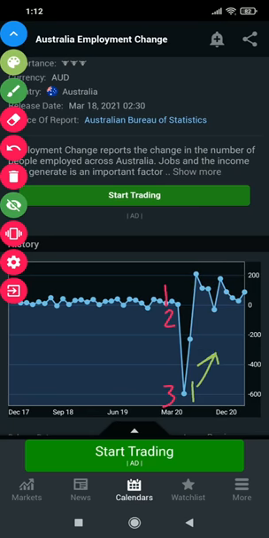Again, now that we're going up, this one becomes 1, 2, and 3. Then you got your turn.